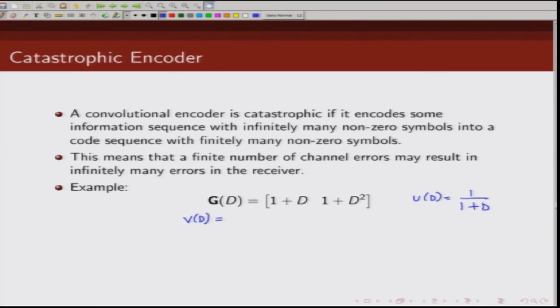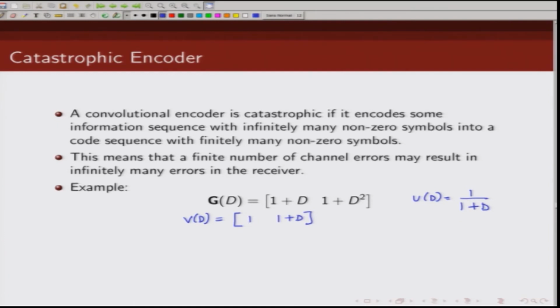Your output sequence would be 1, and this will be 1 plus D. So, what you will get is an output sequence which has weight only 3, whereas your information sequence has an infinite number of ones. So, here is an example where an input sequence of a very large number of ones is getting mapped to an output sequence of only weight 3.